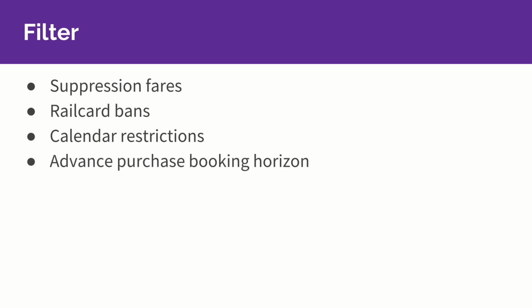The next one is the advanced purchase booking horizon. Advanced tickets are typically only able to be bought the day before travel. So there is a set of data called the AP data, and that defines how far ahead it has to be for you to be purchasing one of these things. And I believe there are three ways that the data can specify it.